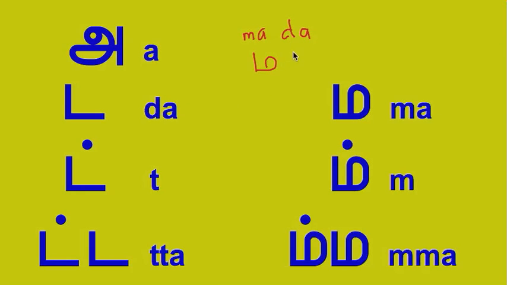Here's the letter. And then the last letter in the word, madam, is this M sound. There we go. Madam. And that ends this lesson, or at least this part of the lesson.